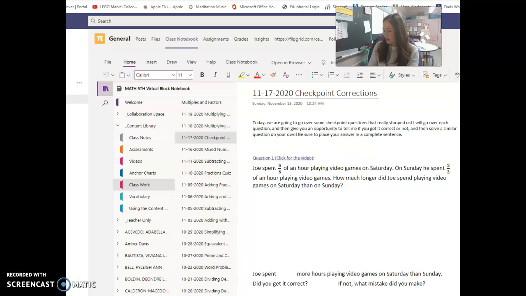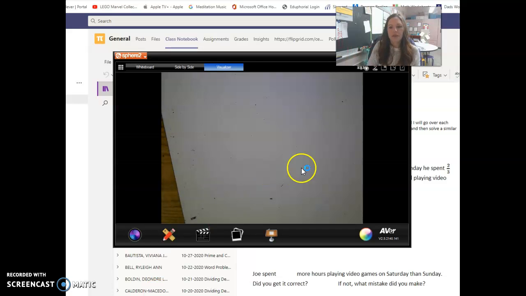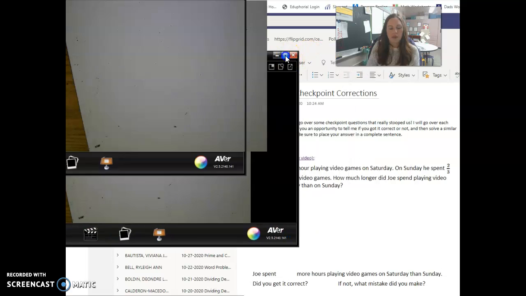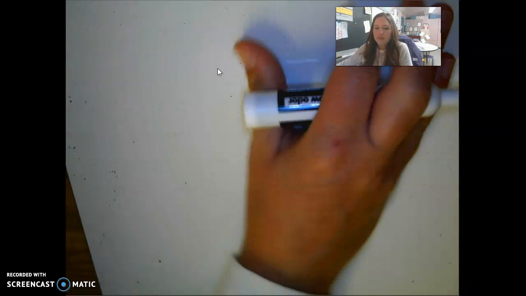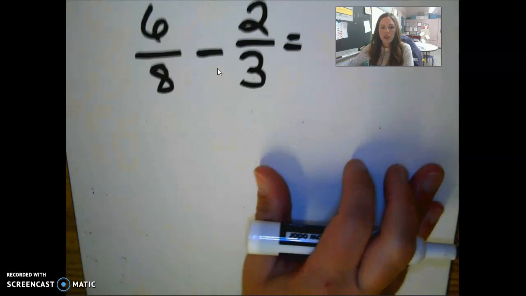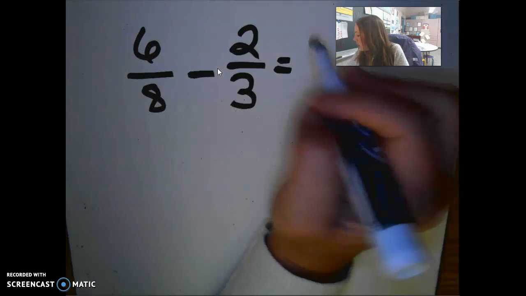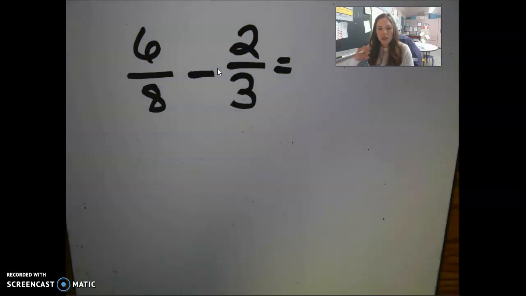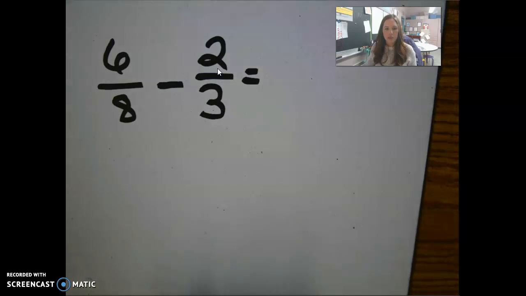So let's take a look at that fraction. Six eighths minus 2/3. Oops, let's make it to where you can see it. A lot of my students wanted to take the easy way out. What would be the easy way out on this problem?